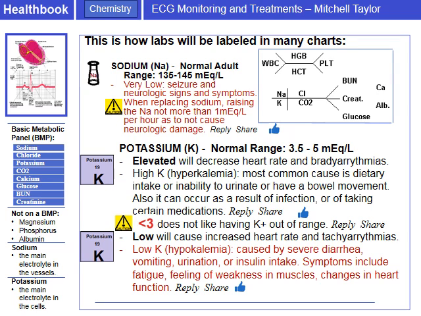One thing at the top here in the corner, it says this is how labs will be labeled in many charts. I know the medical side of things and other health teams sometimes use this. You'll see white blood count, hemoglobin, hematocrit, and platelets will not be written in there, but the numbers will, and you have to know they're referring to white count, hemoglobin, hematocrit, and platelets. The bottom one would be our electrolytes.